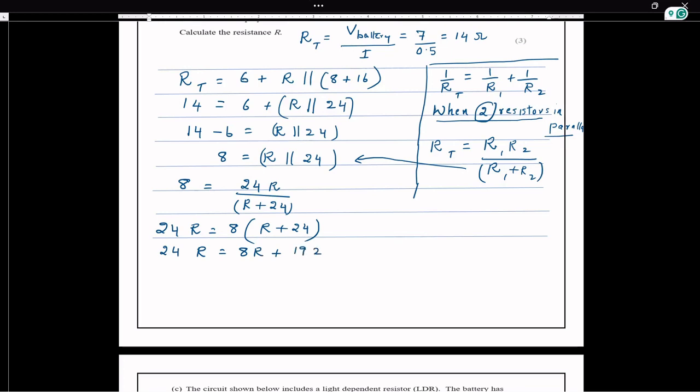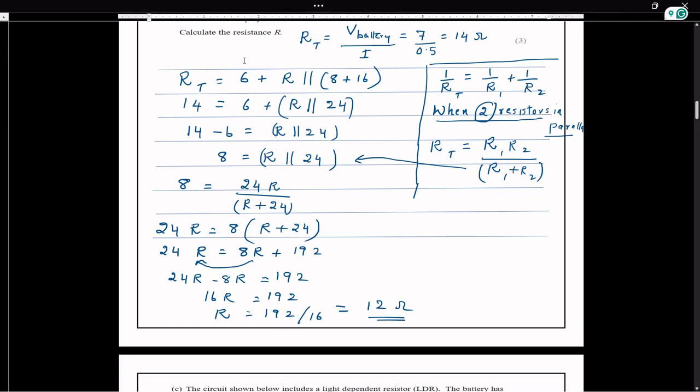Then I'm transposing 8R to the left side. 24R minus 8R, which is 192, or 16R is 192. Therefore, R is 192 over 16. On calculation, you will get an answer of 12 ohms. So this is the answer for the value of R.